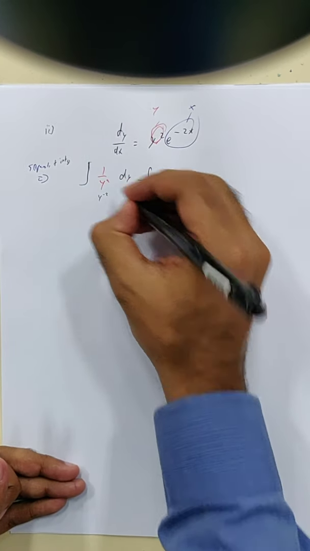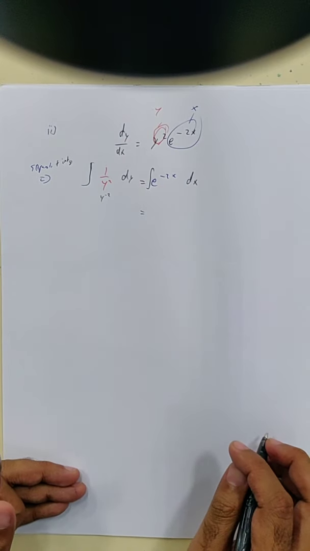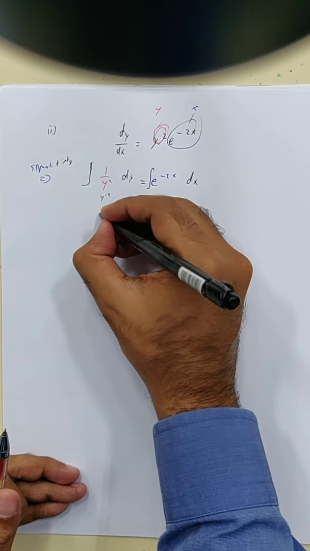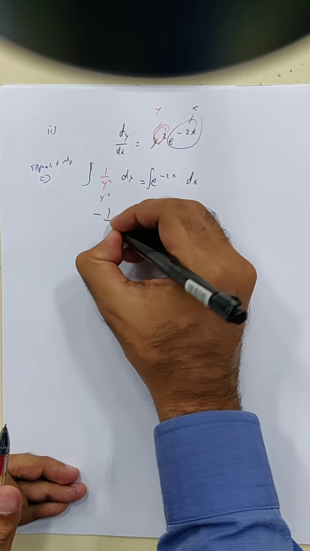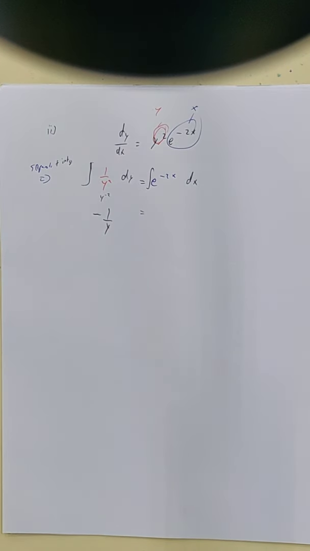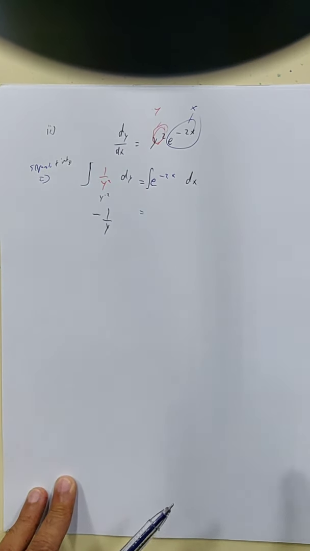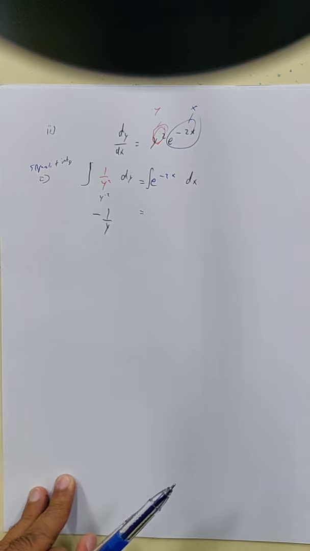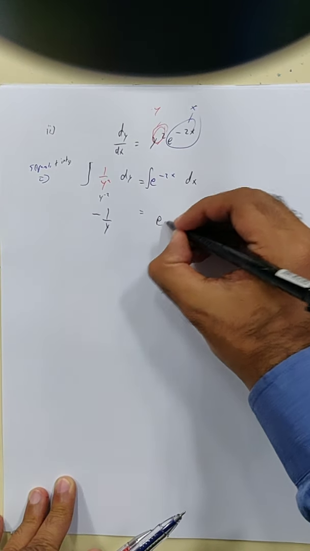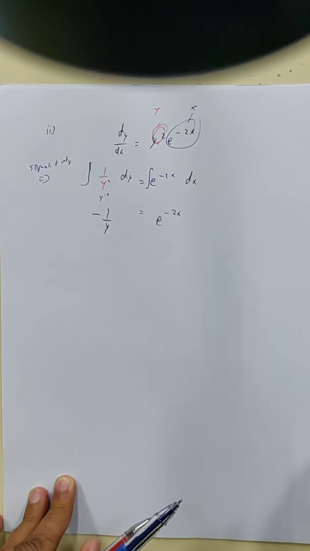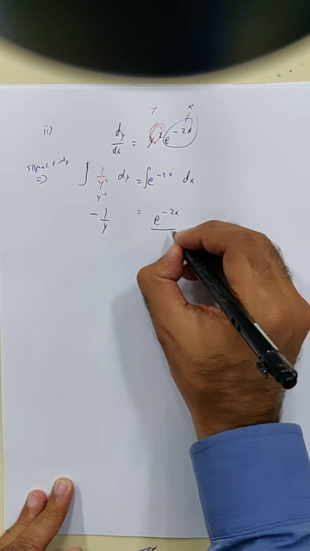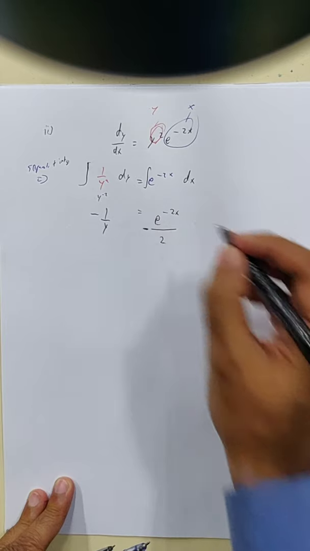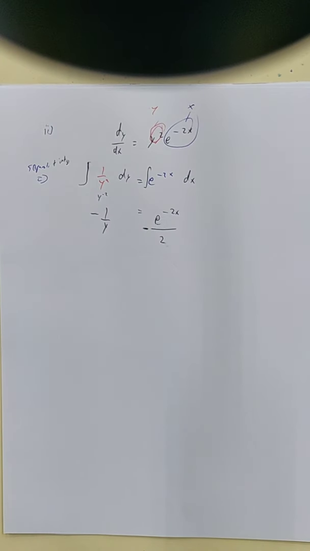So y to the negative 2. Integrate y^(-2), so I can write it down something like this: negative y to the negative 1. Integrating the right side, e^(-2x). Copy them first, don't make your life hard. Over negative 2, I'm fine with it. Or 2 and negative over here. Okay, anything, I'm fine with it.